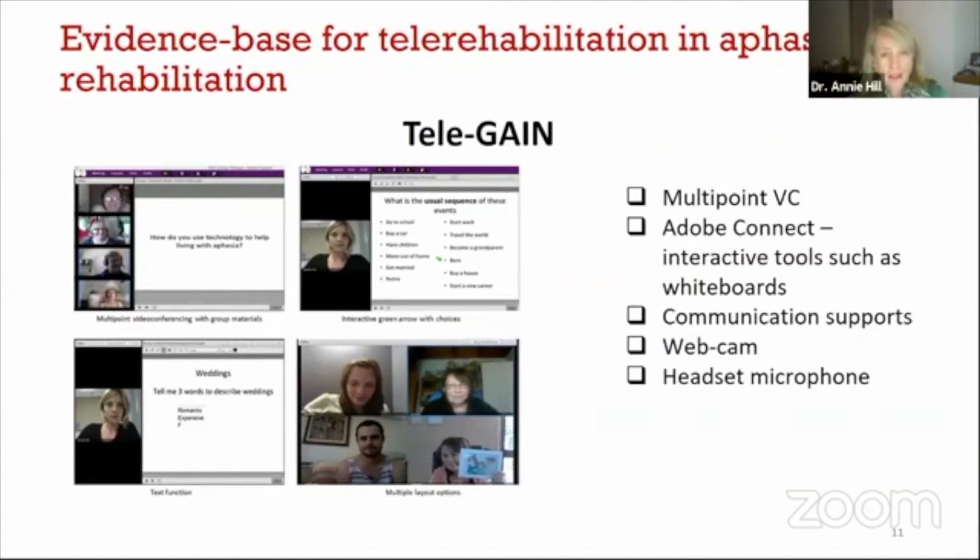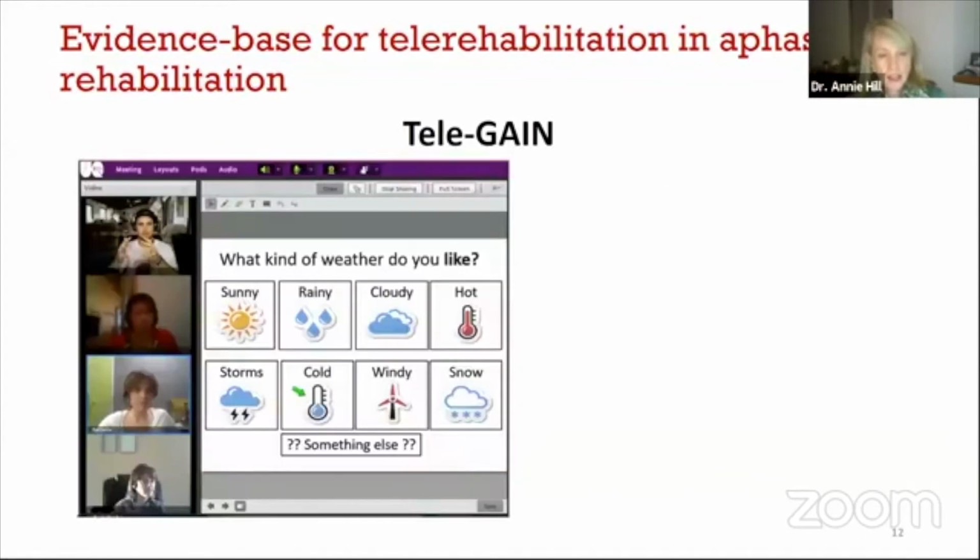therapy. The important thing about this piece of work is that in order to enable full participation by people with aphasia, we need to provide good communication supports. This is done by having resources and using technology that enables both the clinician and the patient to use them.